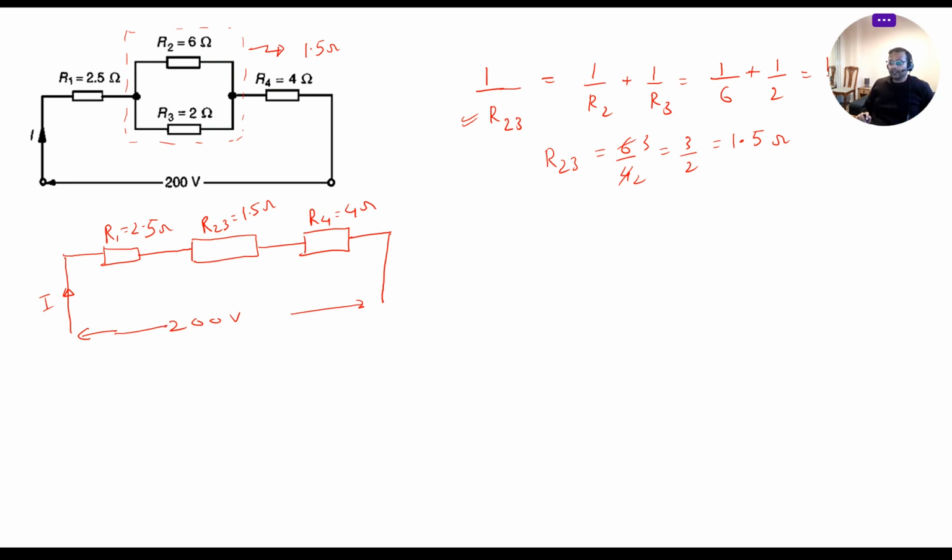R1 is connected in series to R23 and R4. So to find the total resistance of this circuit, I can simply add all three resistances together.